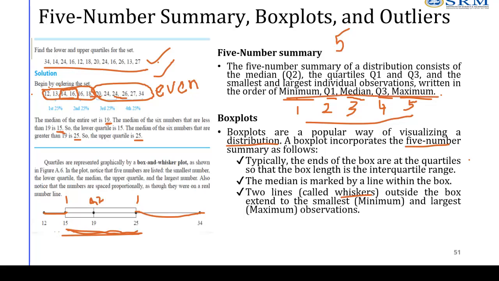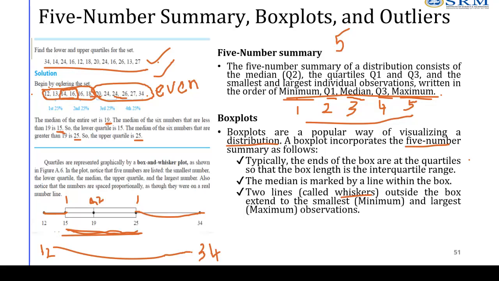What is the minimum value in the observations? It is 12, so I'm starting with 12. And the maximum value is 34, so I'm ending with 34. Let me draw one line from 12 to 34. This is my 5-number summary, the minimum and maximum values.